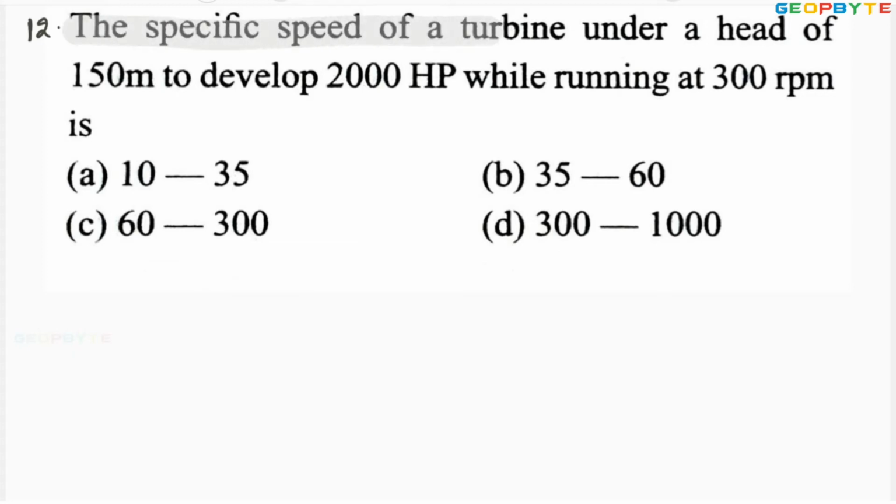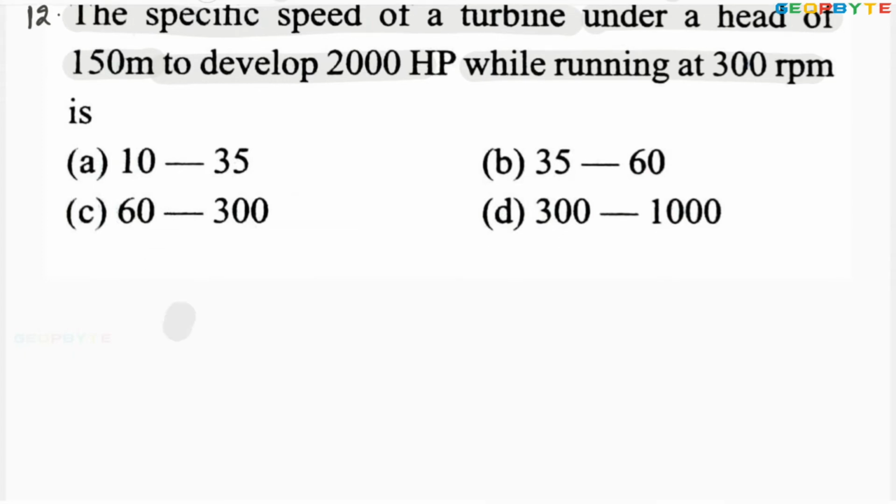The specific speed of a turbine under a head of 150 meters to develop 2000 HP, 2000 horsepower, while running at 300 rpm is. Dear friends, the specific speed Ns equals N root P by H to the power 5 by 4. That is the standard formula for finding the specific speed.